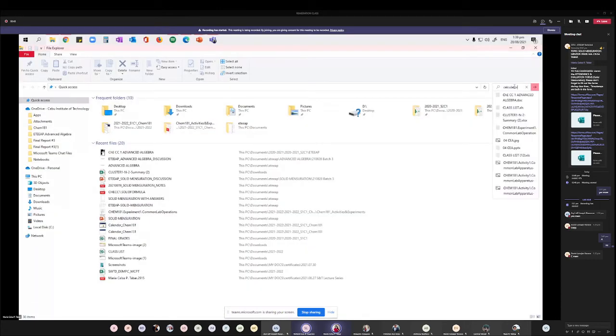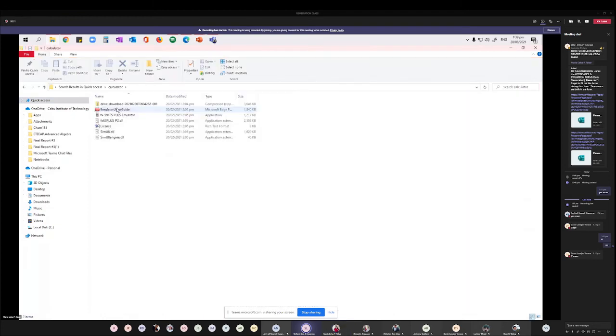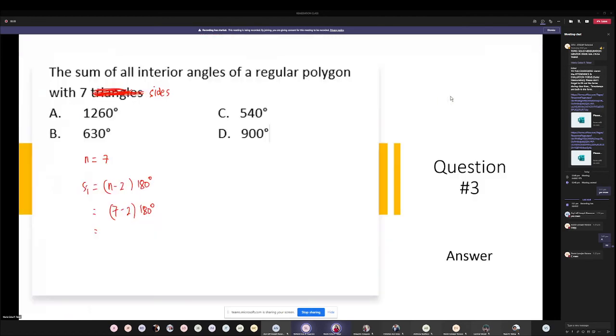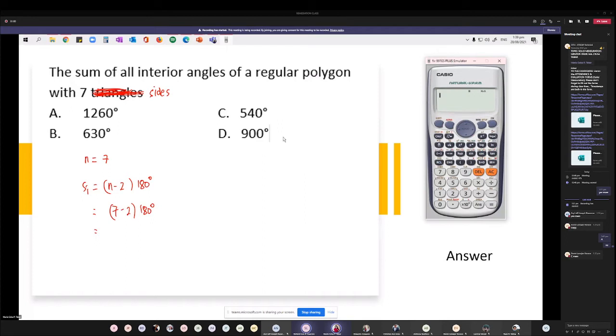I forgot to open my calculator, so that I can show it on the screen. Is the calculator now visible on the right side of the screen? Yes, ma'am. Okay. 7 minus 2 times 180, or that's 5 times 180. No? 5 times 180. So it's equal to 900 degrees.